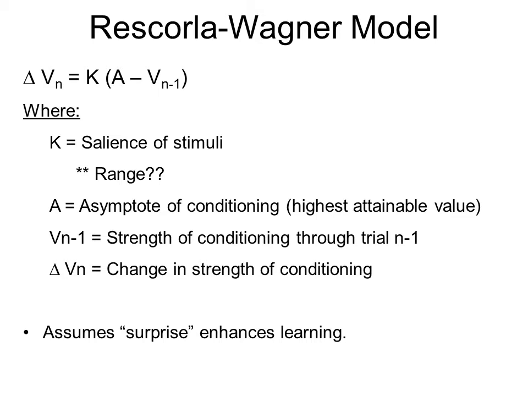And so the change in behavior on that trial will be greater than the change in behavior on the second trial, because now on the second trial, Bambi has had some prior experience. It's less surprised by the pairing of the sight of the wolf with the mother's fear reaction. And then on the third trial, the surprise goes down a little bit more. And so each loss of surprise is accompanied by a reduction in the change in behavior.